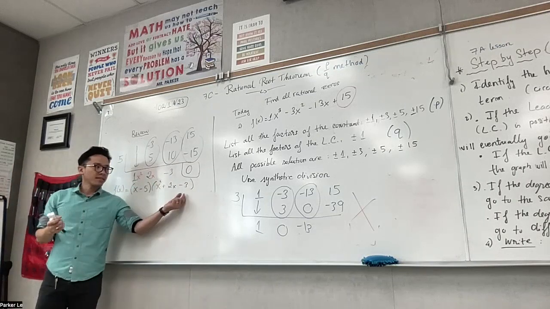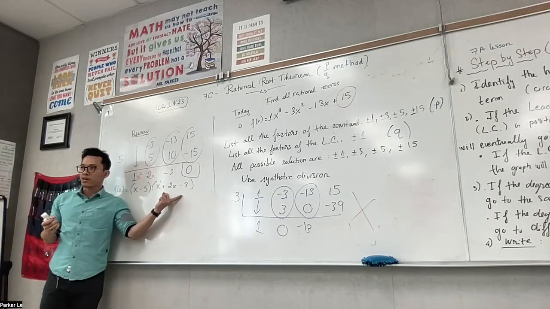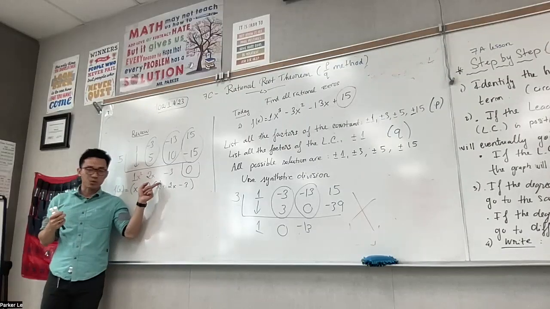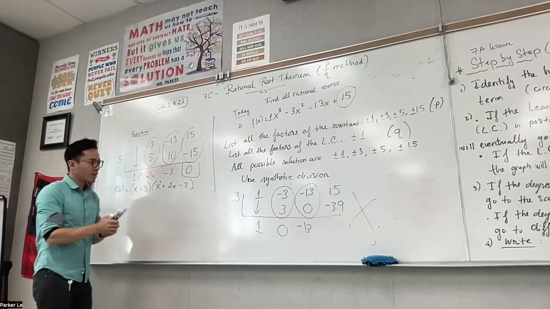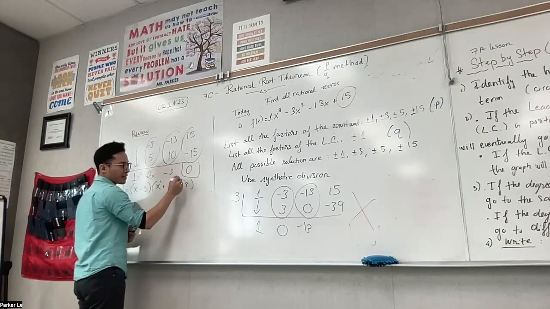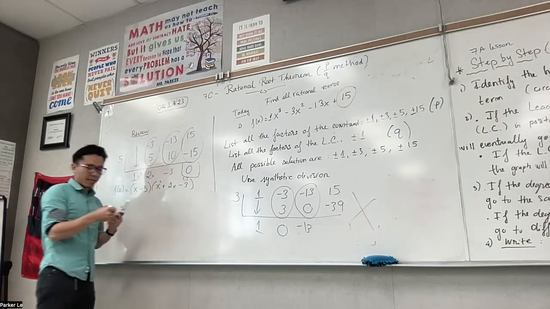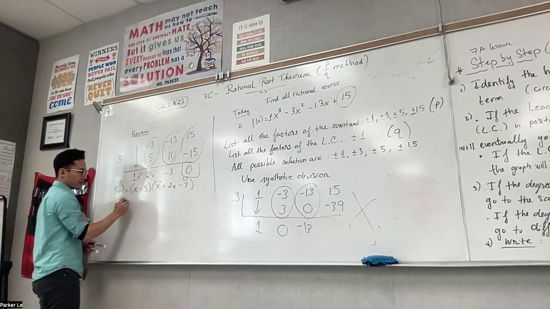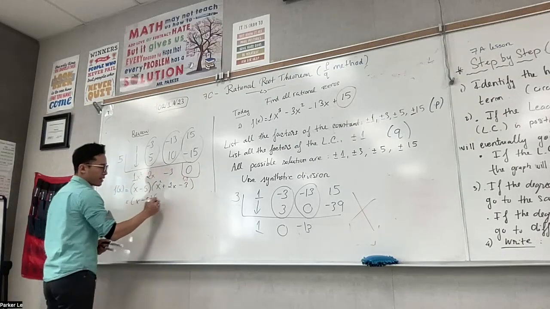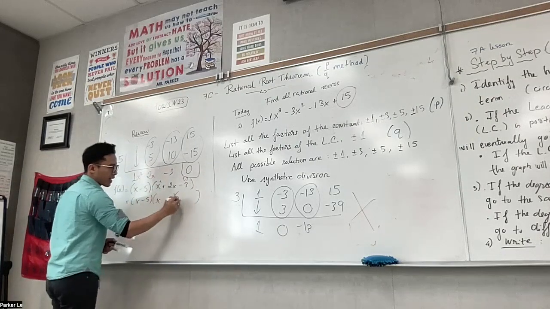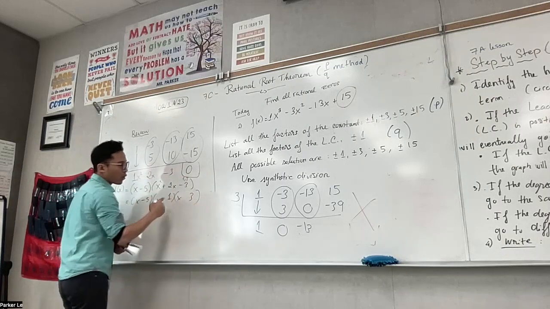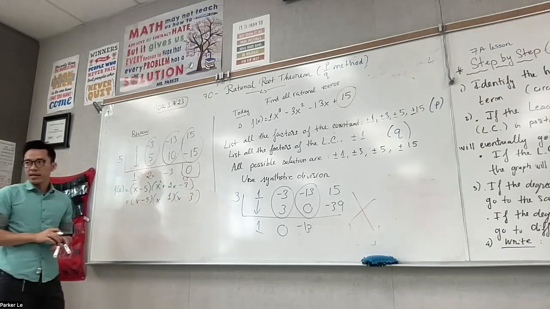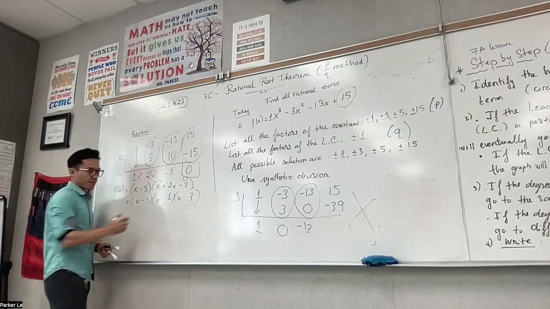Now, what technique are we going to use? We have 3 terms and you have a square. Combination. What are 2 numbers multiplied to 3? 1 and 3. Do you think 1 and 3 can give you 2? Yes. What are the signs of 1 and 3 that can give you positive 2?